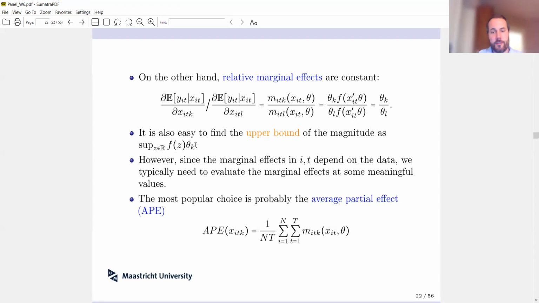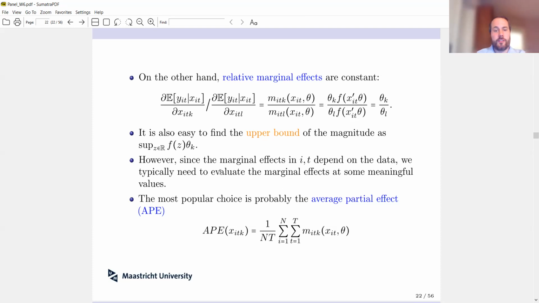Generally, however, people don't like that the marginal effects depend on the data. So when you want to summarize a data set and report only a couple of numbers, you need to find a way to get rid of this dependence on the data.